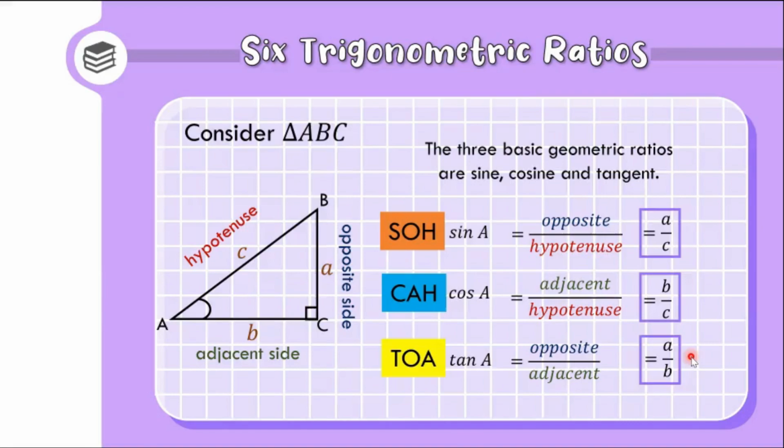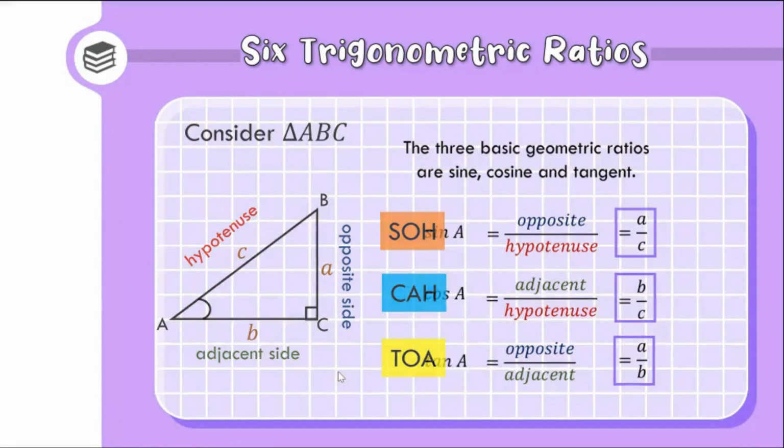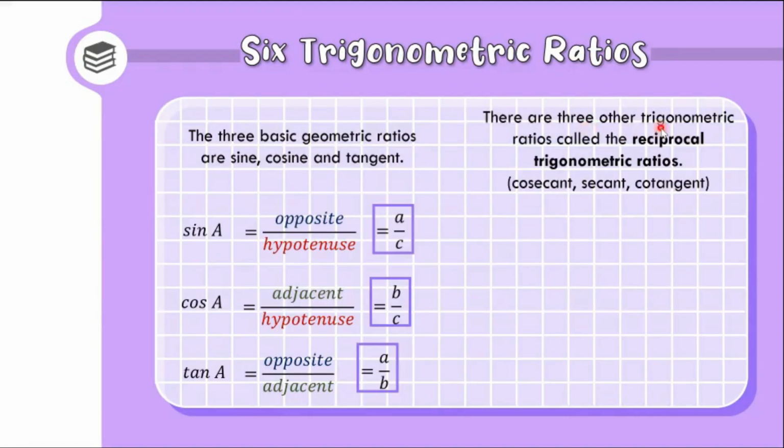Since we need here 6 trigonometric ratios, using the same diagram here, there are three other trigonometric ratios called the reciprocal trigonometric ratios. So when we say reciprocal, we will simply get the inverse of sine, cosine, and tangent. And these are the cosecant, secant, and cotangent. So let's start with cosecant.